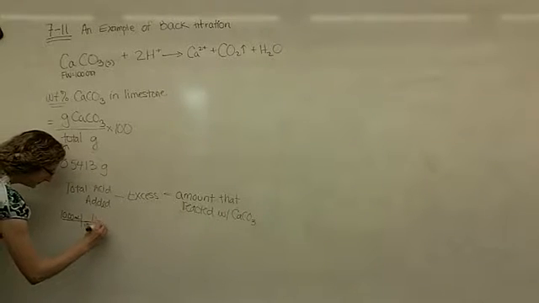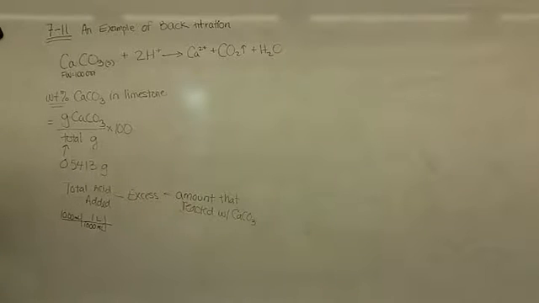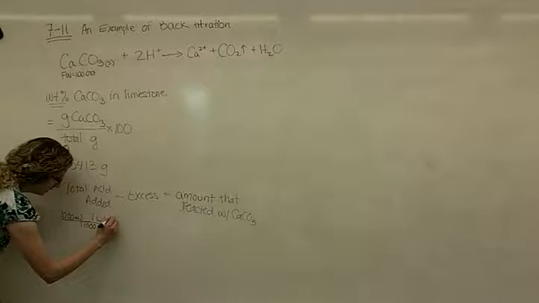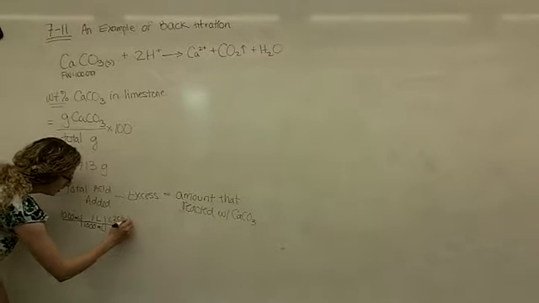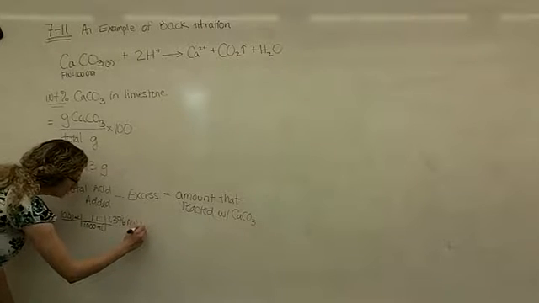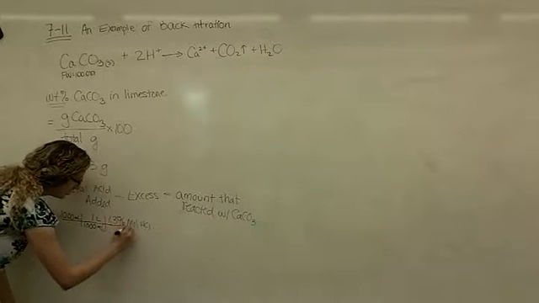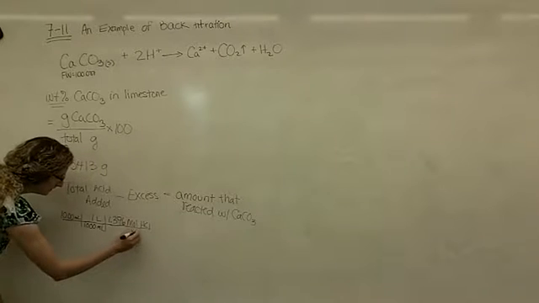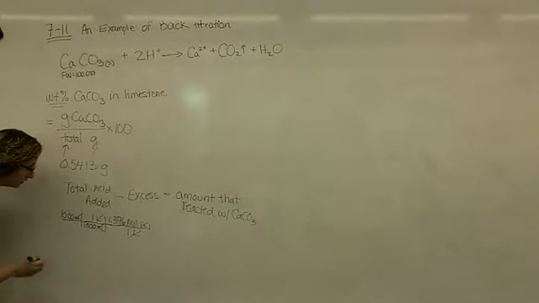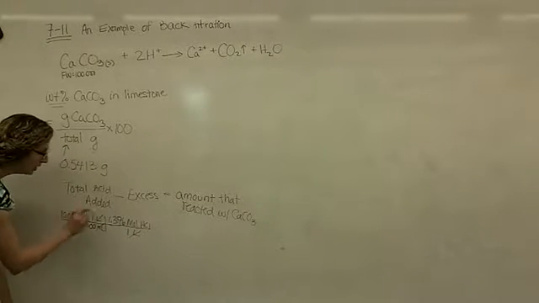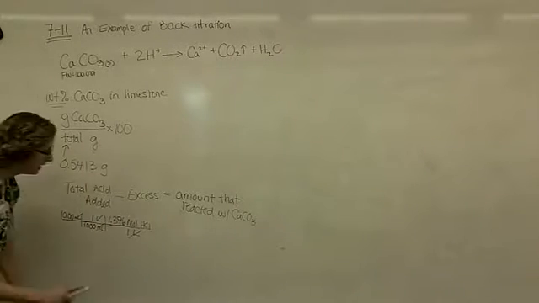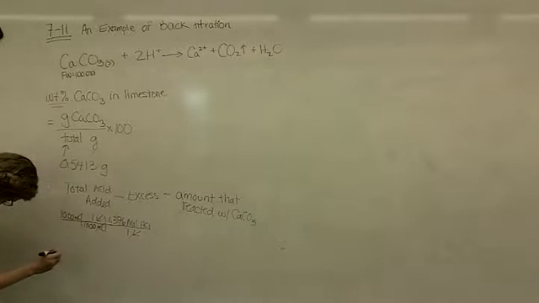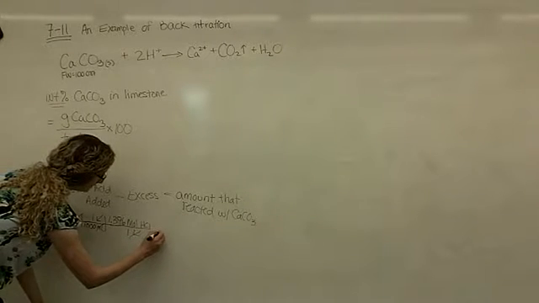And then we need our concentration, which is 1.3296 moles of hydrochloric acid over 1 liter. Liters cancel out, milliliters cancel out, and we're left with the total acid that's added, in moles.